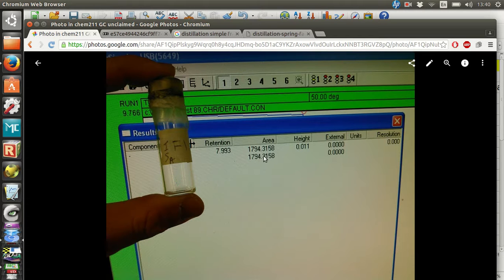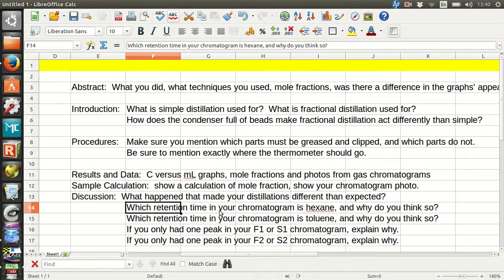If you have one peak, notice this person has F1 here, and they have only one peak. F1 should have been hexane and toluene, right? And they only have one peak. So why is that? Why would you only have one peak? And then in your F2 or your S2, maybe it is appropriate to have only one peak. If you think so, then why?